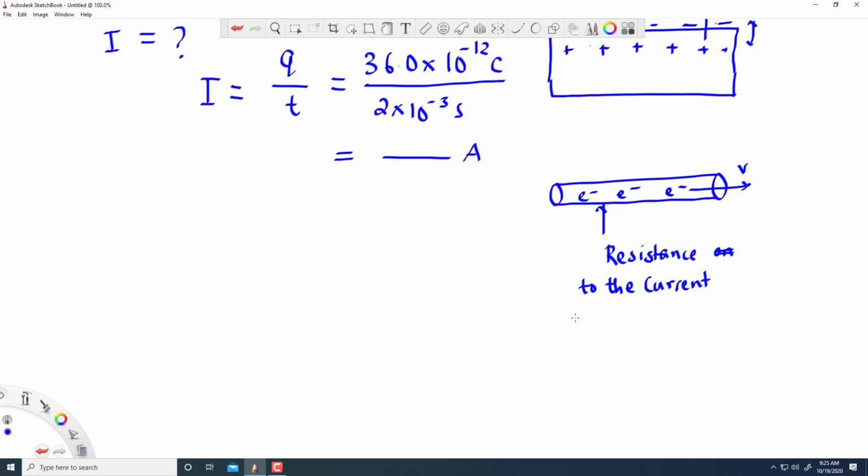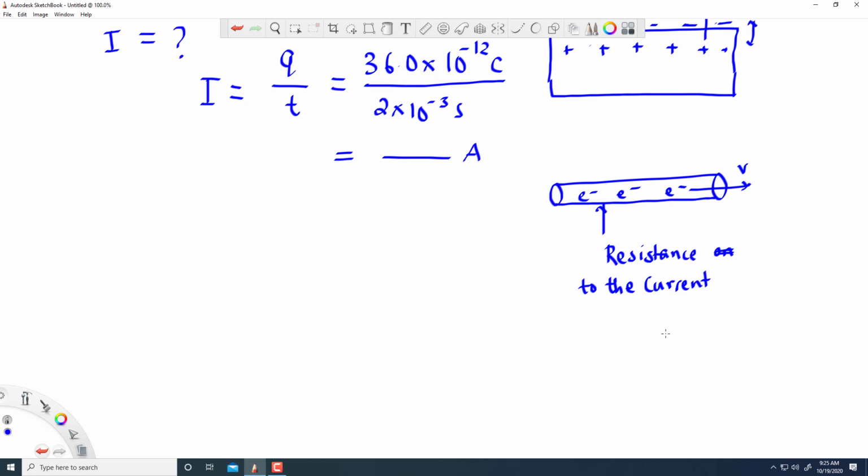So why is there resistance? What causes the resistance in a conductor? Like we saw in physics 1, when you drag something, what causes resistance is friction, right? Or air drag. If you are running or driving your car, air drag causes the friction. It tries to oppose your motion. Like that, here in the wire, or the conductor, something causes the resistance.